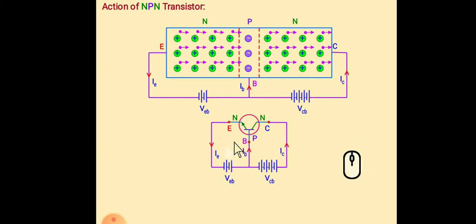So emitter base battery is called emitter base voltage battery, and this collector base terminal battery is called the collector base voltage.